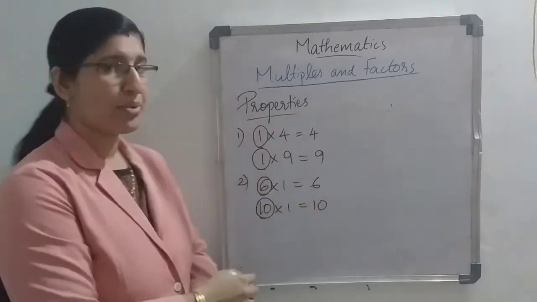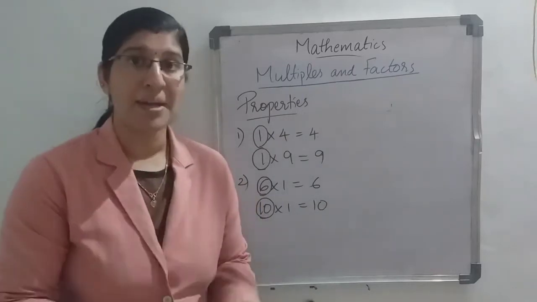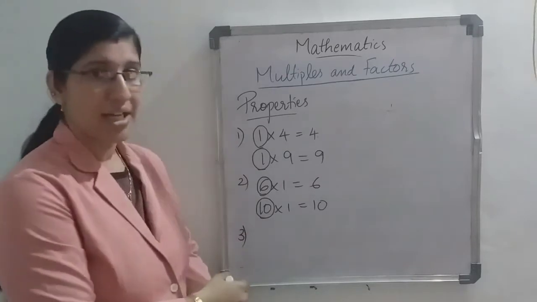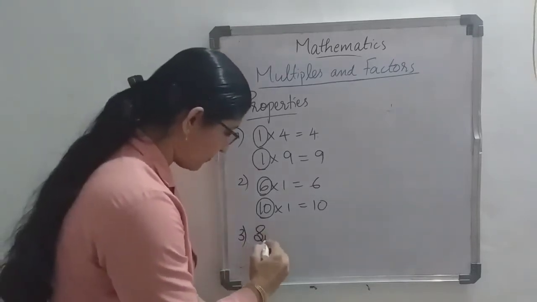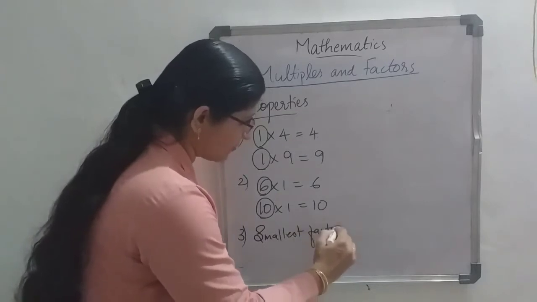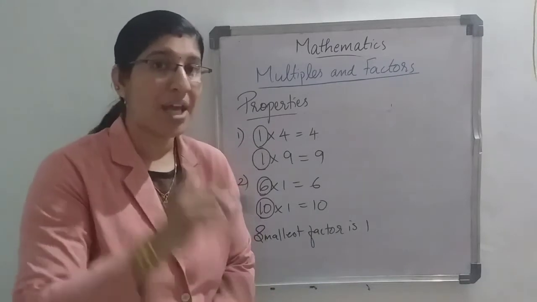So the first property is that 1 is a factor of every number. The second property is that the number itself is a factor of every number. Then the third property is that the smallest factor is 1. The smallest factor of a number will be 1 only.